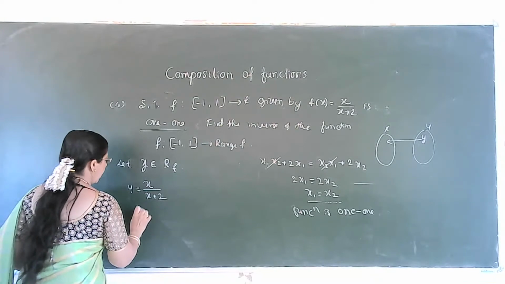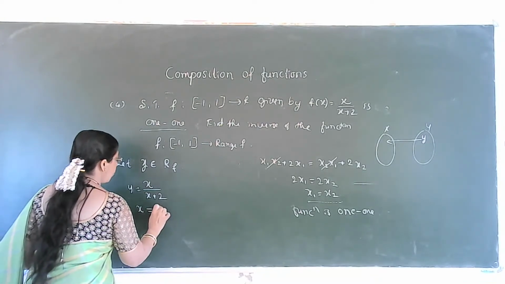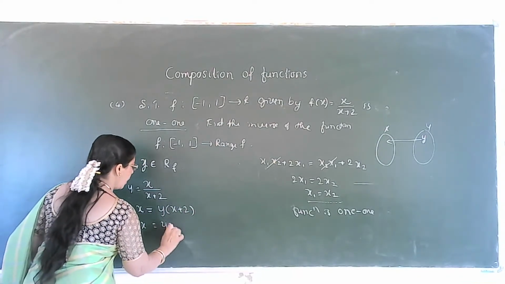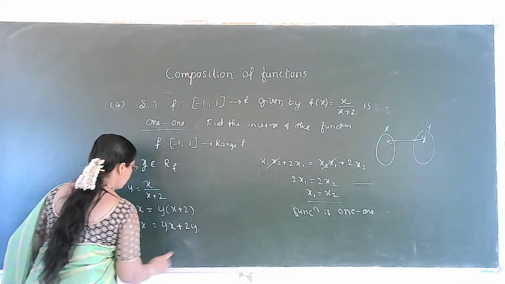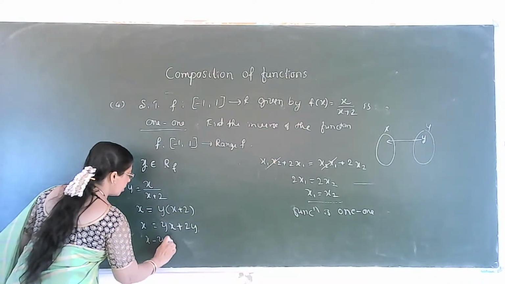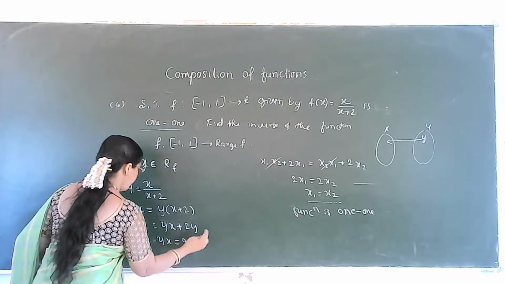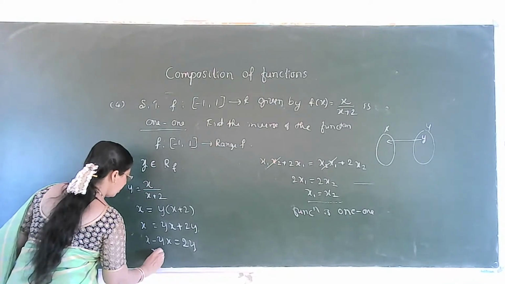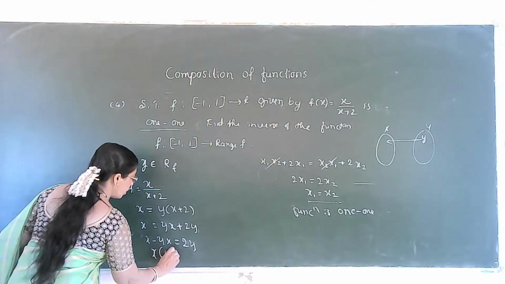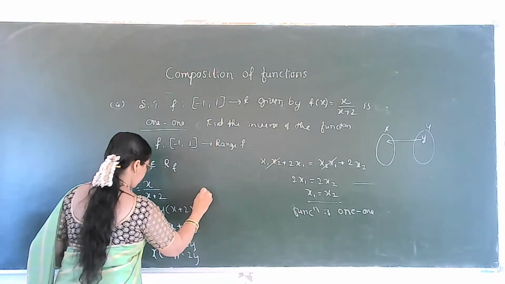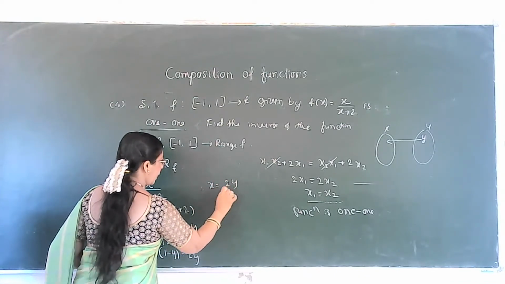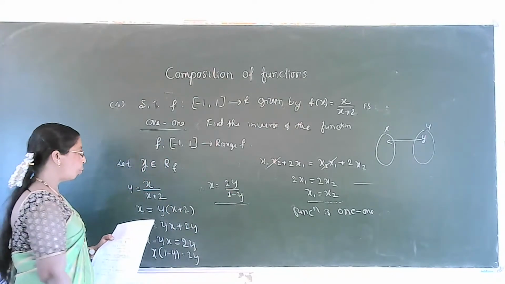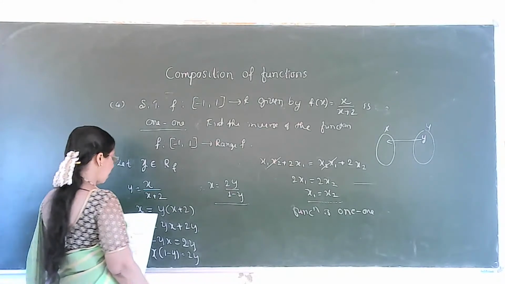Then x is equal to y into x plus 2. x equal to xy plus 2y. x minus yx is equal to 2y. Taking x common, x into 1 minus y is equal to 2y. Therefore, x equal to 2y divided by 1 minus y.